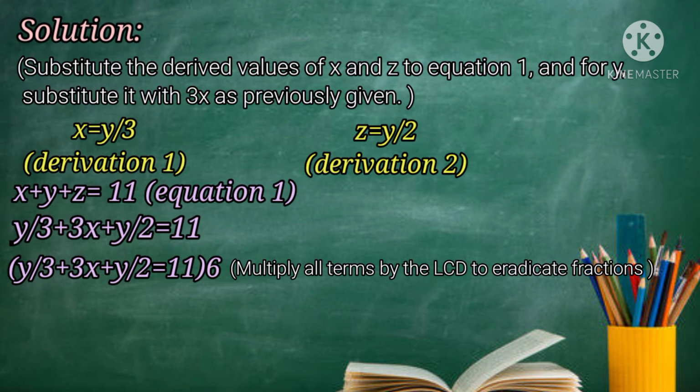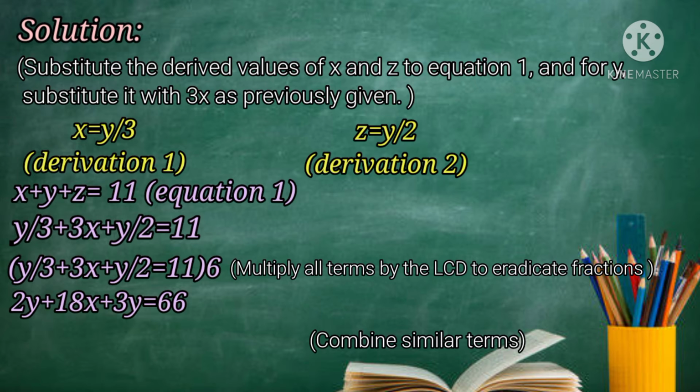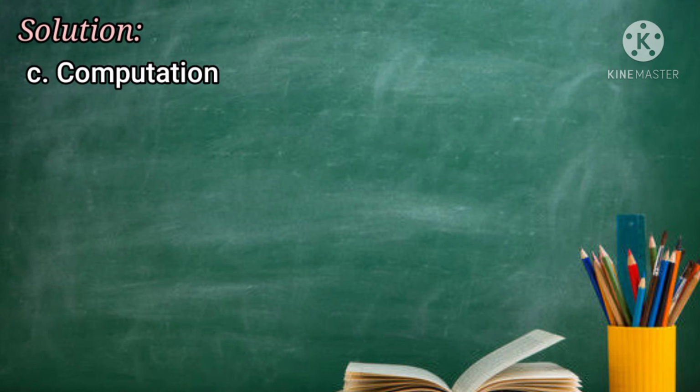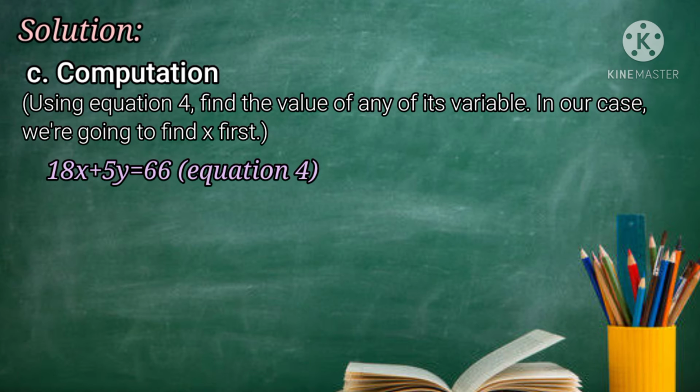Then solving this will lead to 2y plus 18x plus 3y equals 66. We combine similar terms and then we come up with our equation 4. Using equation 4, we need to find the value of any variable here. In our case, we're going to find first for the value of x.